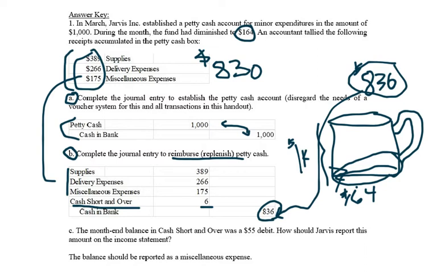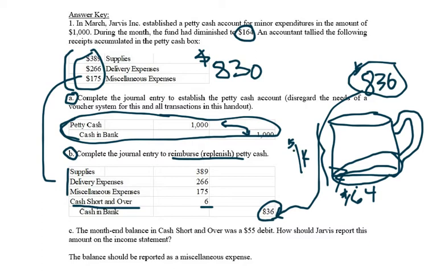So maybe it needs to be doubled to $2,000, so you would just do another transaction like this, debit petty cash, credit cash in bank, which would bring the fund up to $2,000 in that example, and that would now be your baseline for replenishment from here on out. It's getting it back up to its $2,000 mark, not $1,000. So there are occasions where you will use the petty cash account specifically in a transaction, but only if you intend on increasing or decreasing the petty cash fund. Otherwise, it's just going to sit there.